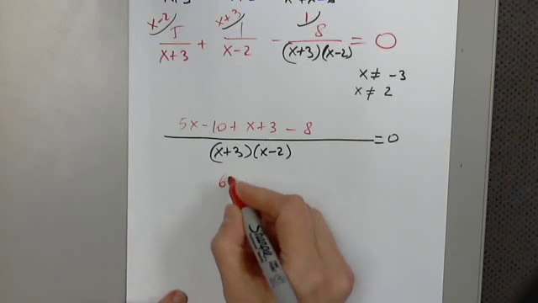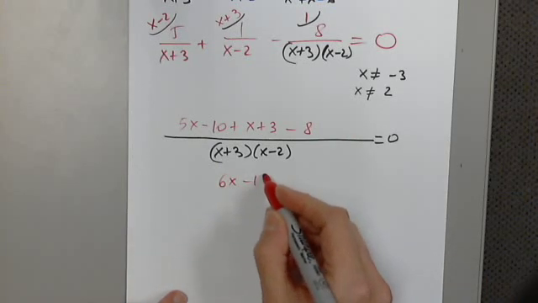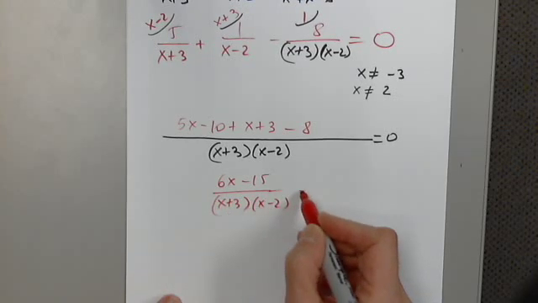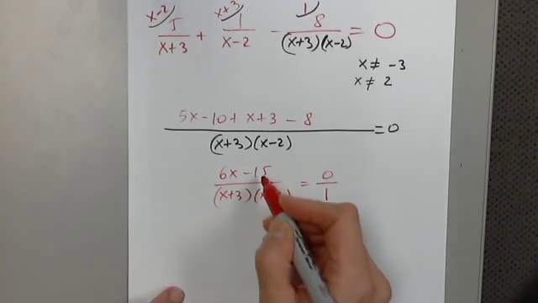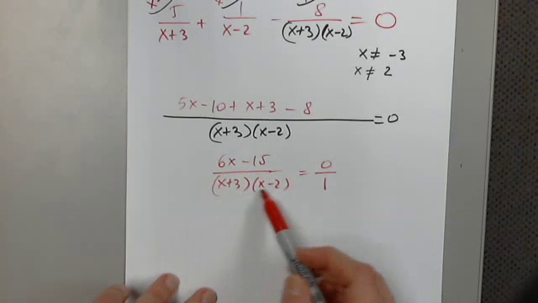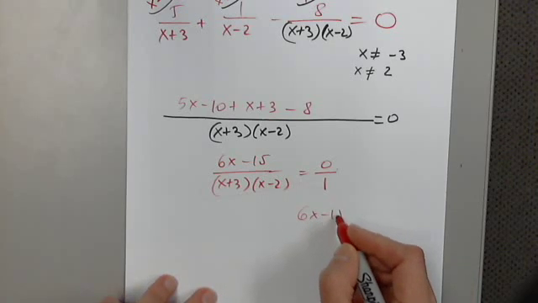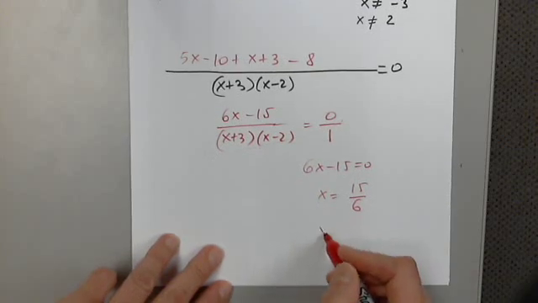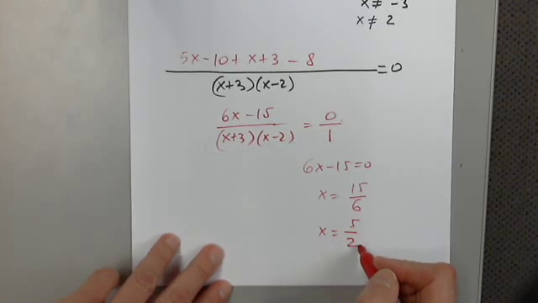We combine like terms, 6x minus 15 over x plus 3 times x minus 2 equals 0 over 1. We cross multiply. We get 6x minus 15 equals 0, or x equals 15 sixths, or x equals 5 halves.